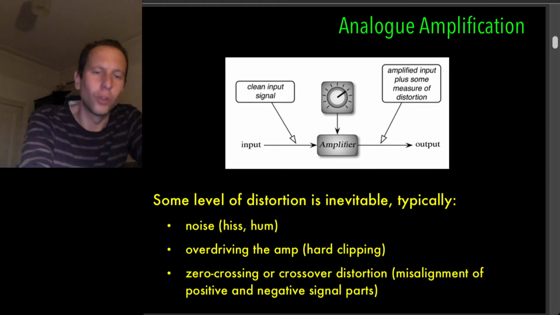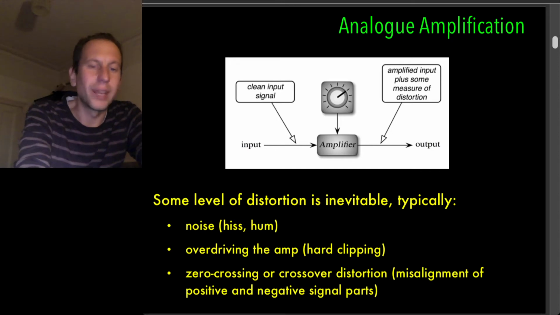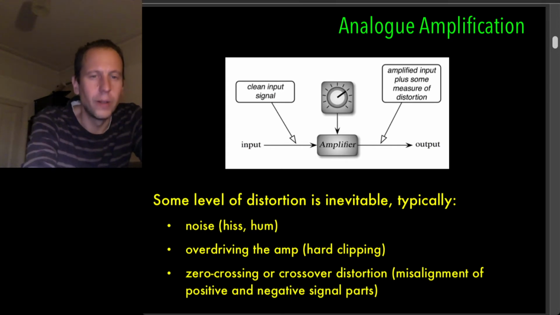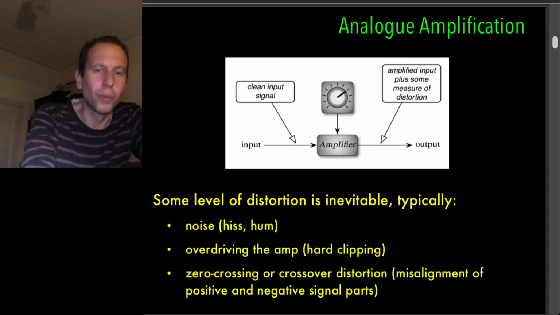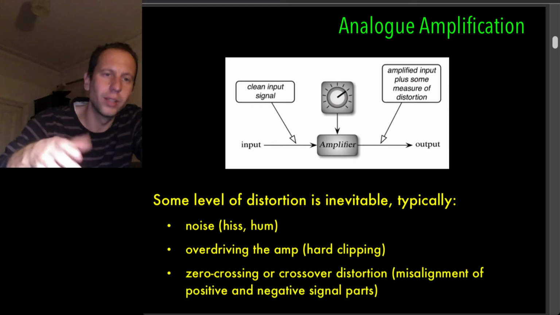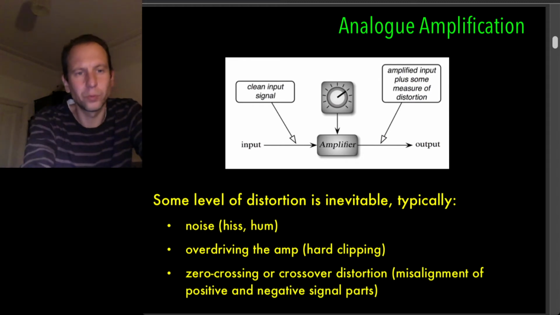The bit that we've talked about, the overdrive, but actually there's other types that occur in electronic circuitry, which is the zero crossing or crossover distortions, which is the misalignment of positive and negative signal parts. So certain power amplifiers by design have a different part of the circuit amplifying the positive and the negative side of the signal.